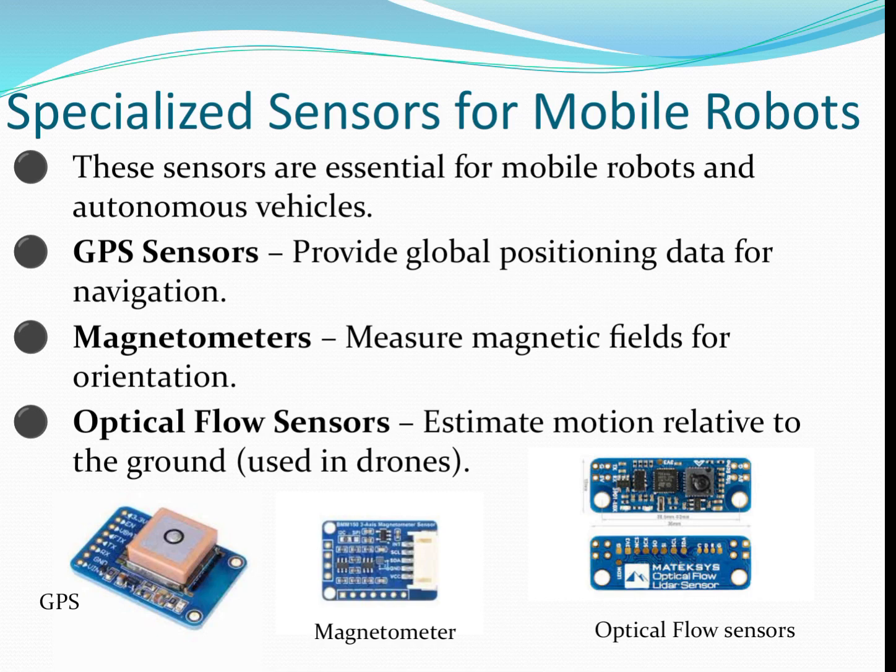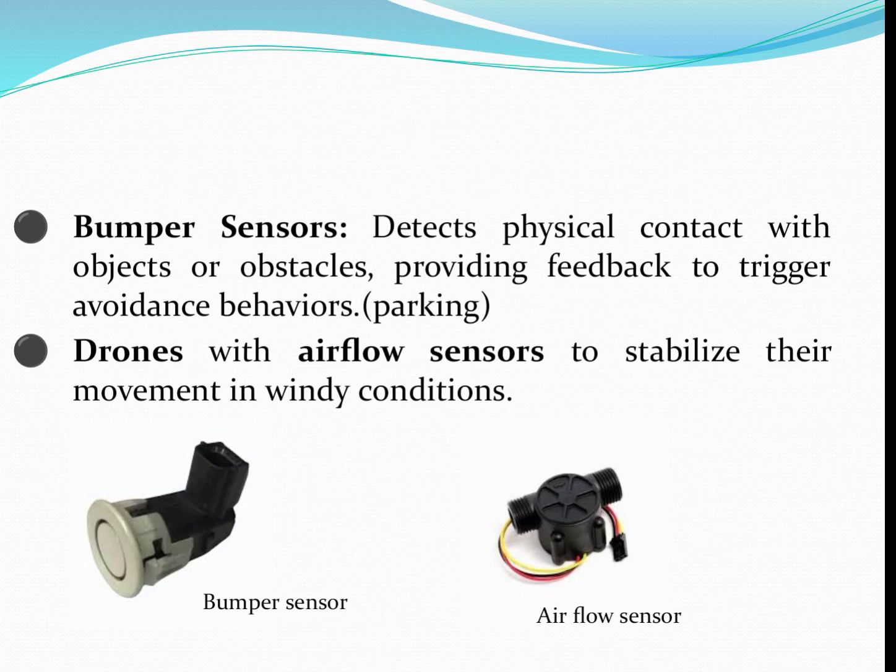It is a type of sensor used to easily find whether a magnetic field is present, and the magnetic field level. An optical flow sensor estimates motion relative to the ground. This type of sensor is majorly used in drones to measure distance or how much height the drone will be at while flying.